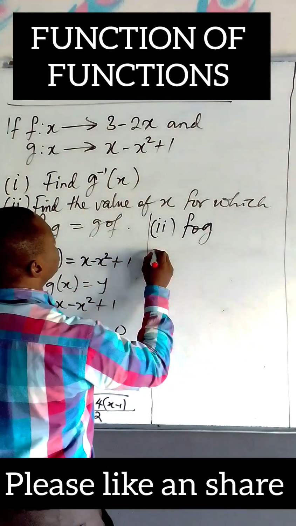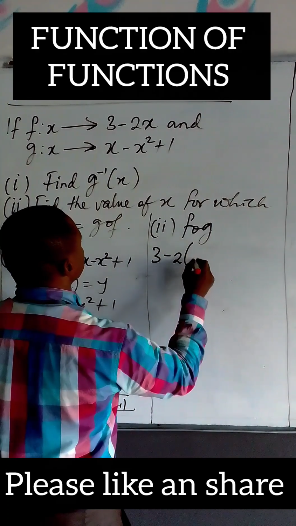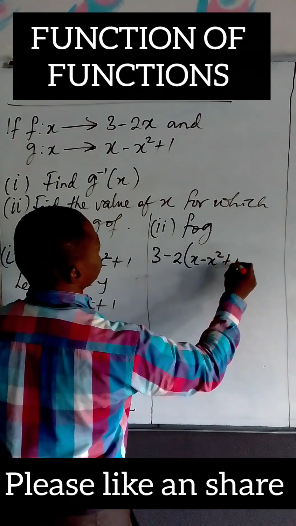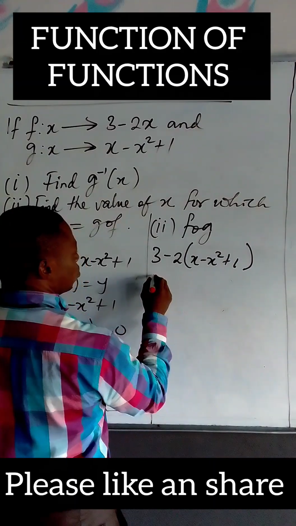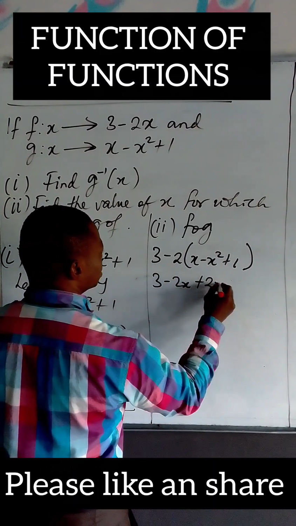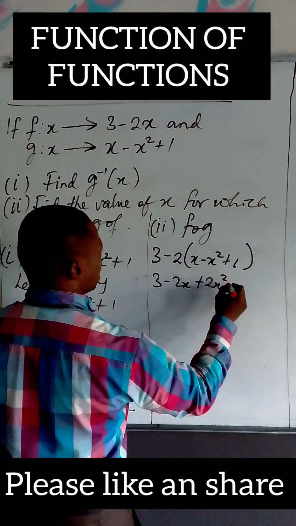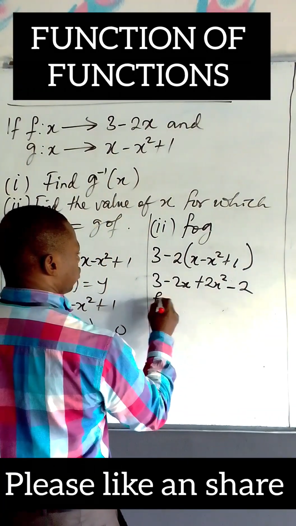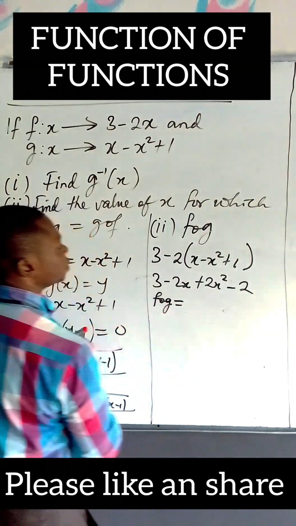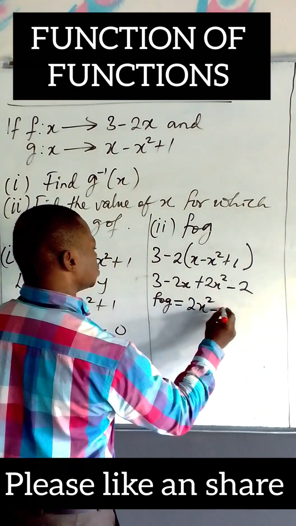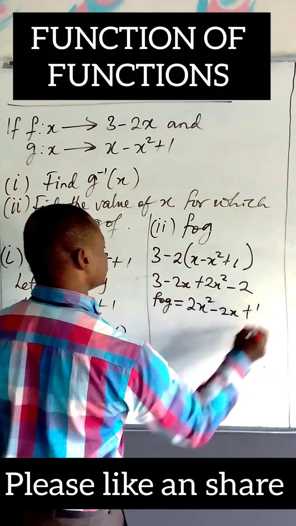That gives us 3 minus 2 into x minus x squared plus 1. So that will give us 3 minus 2x plus 2x squared, then minus 2. Subtracting, our f of g will give us 2x squared minus 2x plus 1.